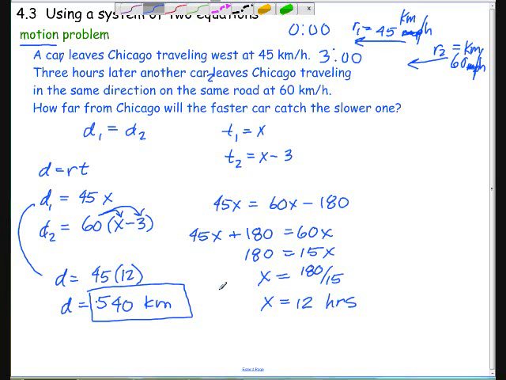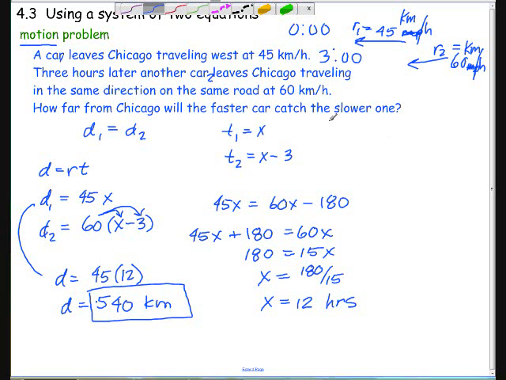Now we're going to ask ourselves, does that make sense? 3 hours is a lot of time that first car has left in advance of the other. It can cover a lot of miles. And it can cover a lot of kilometers.